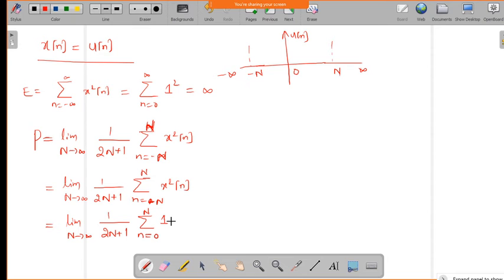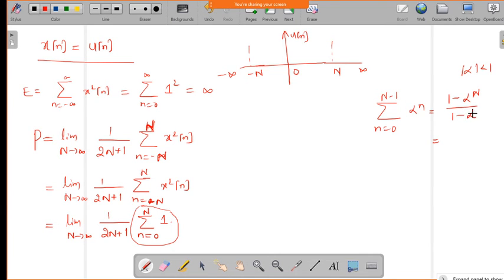Okay. So now this summation is an interesting summation. We again have a standard equation for that. If we have summation n equal to 0 to n minus 1 of alpha power n, we can write the result as 1 minus alpha power n divided by 1 minus alpha, if alpha is not equal to 1.